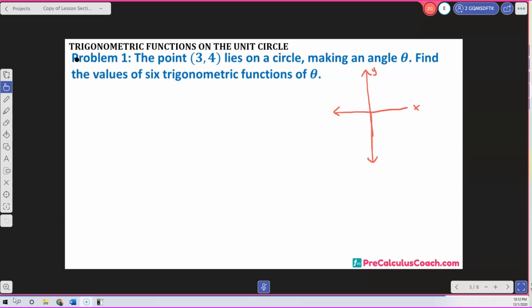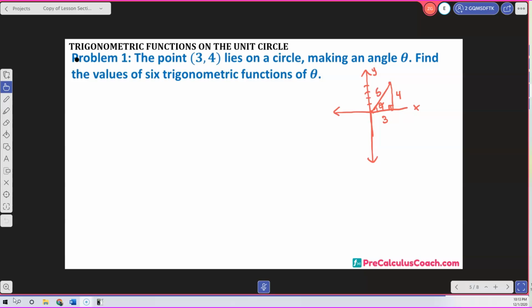And of course, we're starting at the origin, 1, 2, 3, and it's 1, 2, 3, 4. This is called theta. From here to here is 3. From here to here is 4. And remember that the hypotenuse is the longest side, and this is 3, 4, 5.